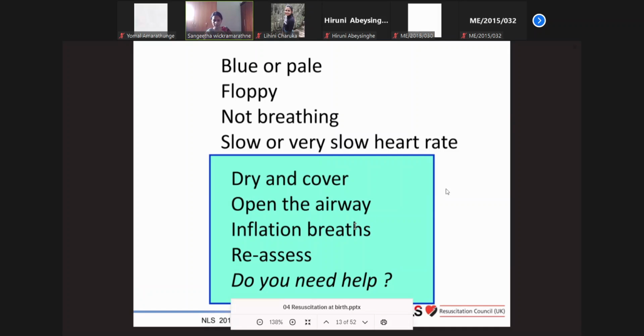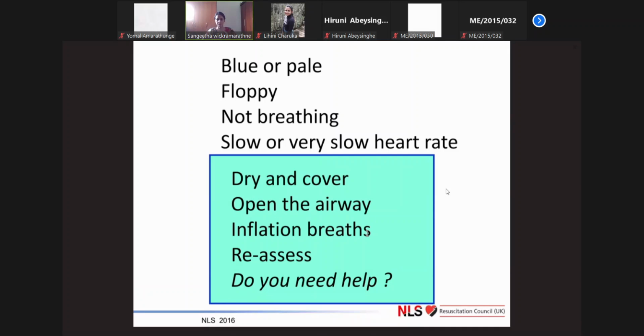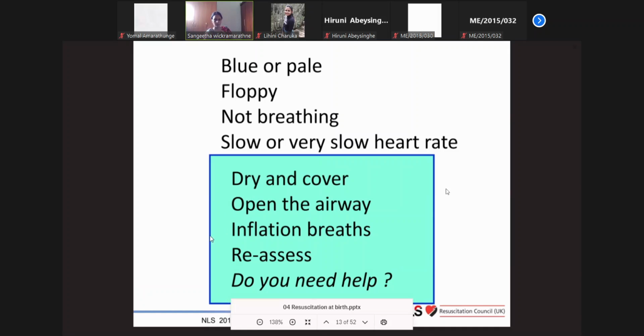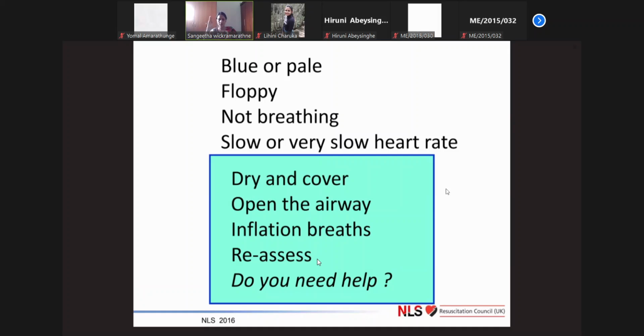Still you can't wait, right? You can't wait for breathing just by opening the airway. So you have to definitely start inflation breaths wherever the baby is, right? So now you give the inflation breaths, again reassess. What you have to remember during neonatal resuscitation is, first thing, dry and cover comes first, whatever it is, right? Even a blue, nothing, just maybe a baby like a dead one, still you have to dry and cover first.